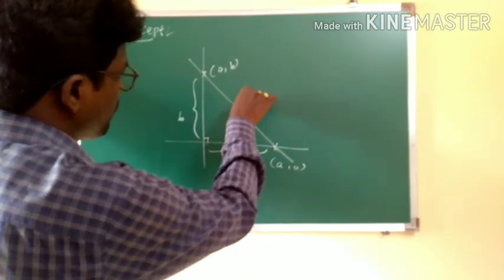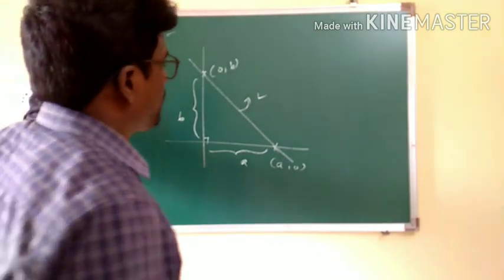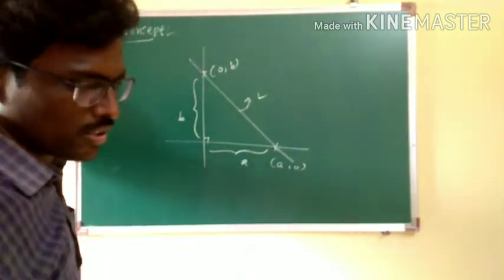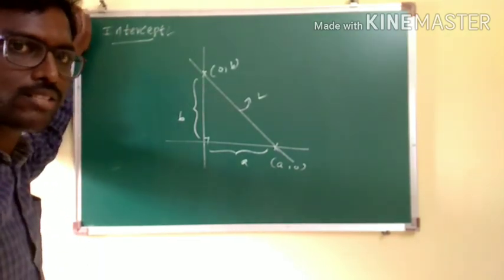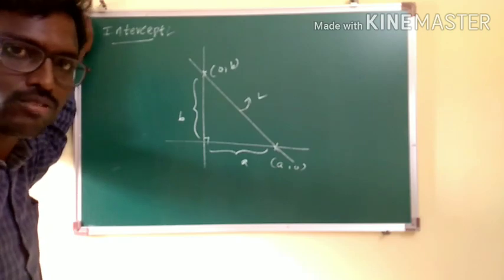Then what is the equation of this line? Is a question. Very simple. You are already given 2 points. Just now you came to know the 2-point form of the line, that is y minus y1 is equal to (y2 minus y1) by (x2 minus x1) into (x minus x1).